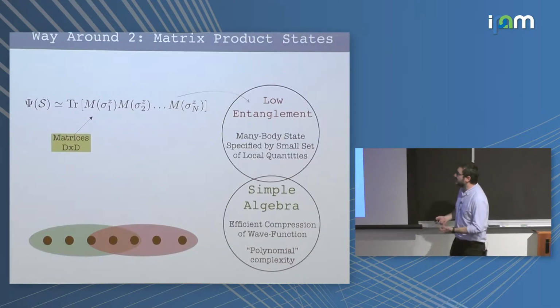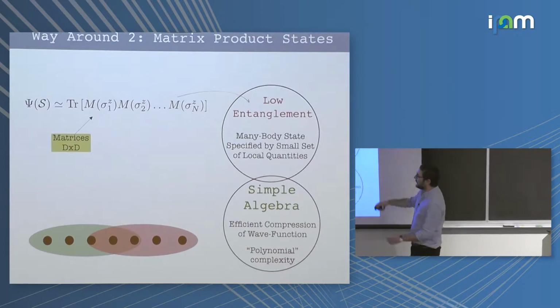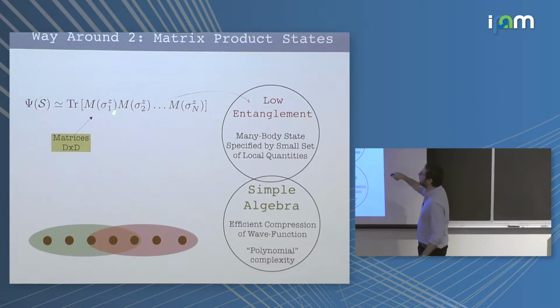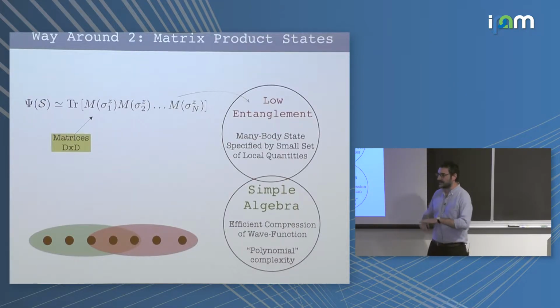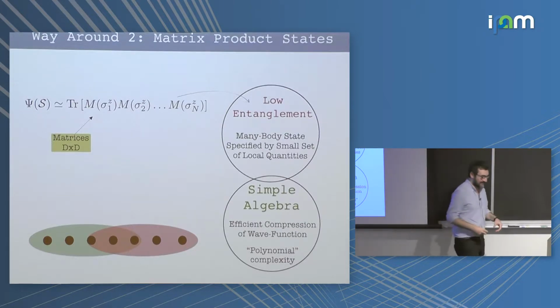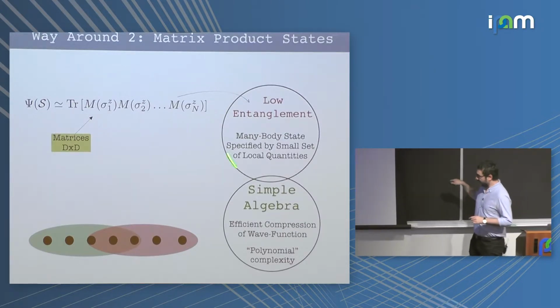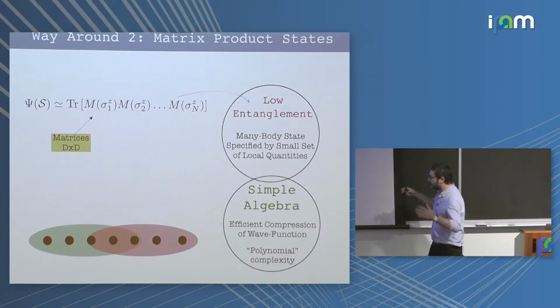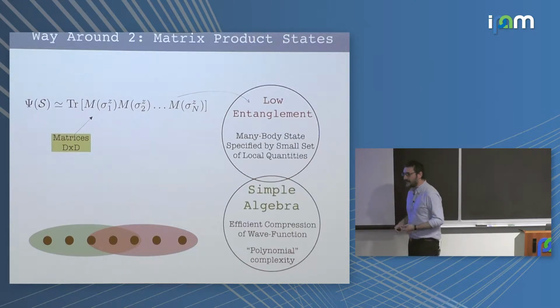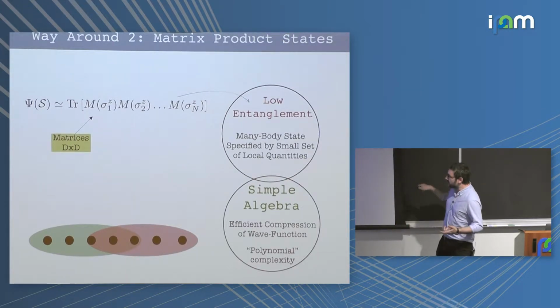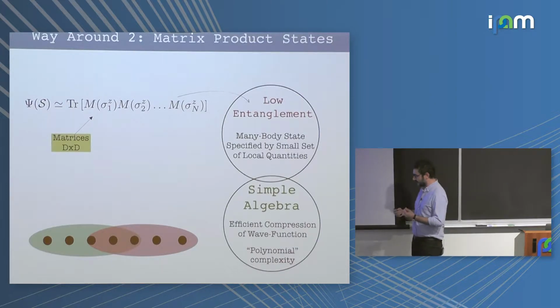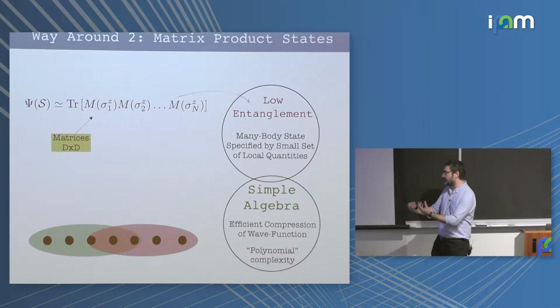This is basically the idea that you have this huge vector psi, and you factorize it as a product of smaller matrices of size D. And this factorization you can show is basically exact for physical systems in one dimension. So you manage to go around this exponential complexity, doing this simple factorization and using the fact that there is typically low entanglement in the ground state of physical systems in 1D.